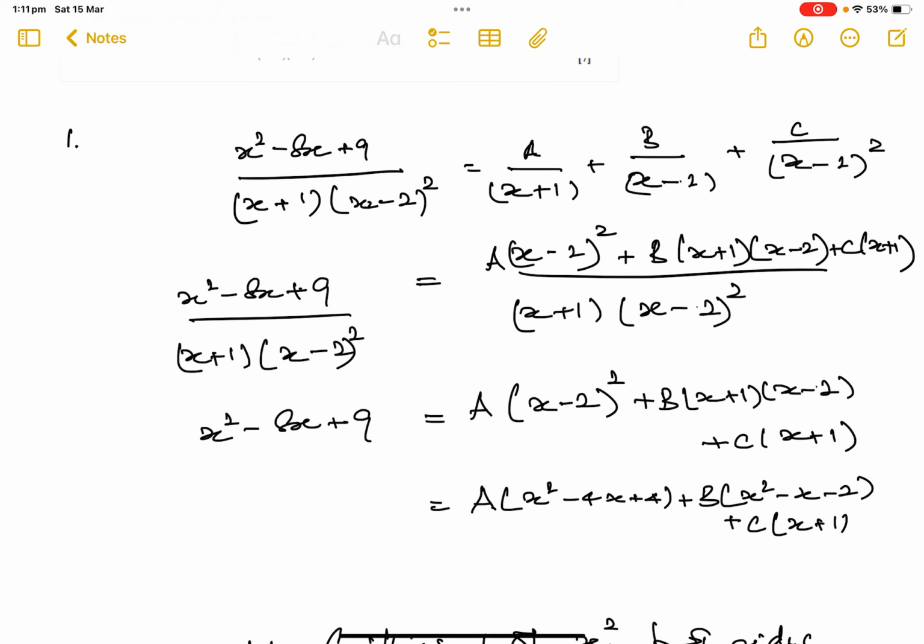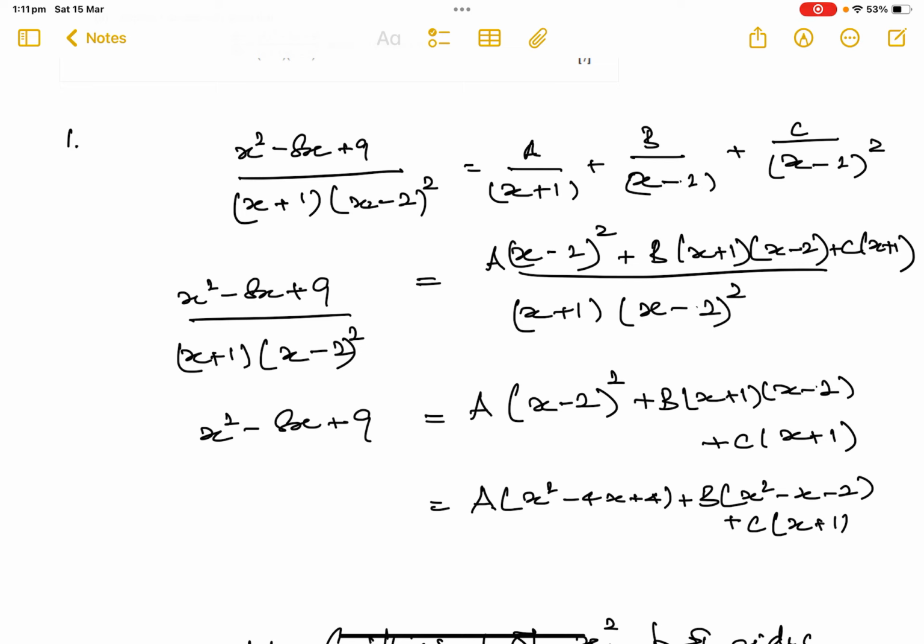The left hand side is the same. On the right hand side, the LCM of those three separate fractions, A over (x plus 1), B over (x minus 2), C over (x minus 2) squared, is (x plus 1)(x minus 2) squared. That is exactly the same as the left hand side denominator.